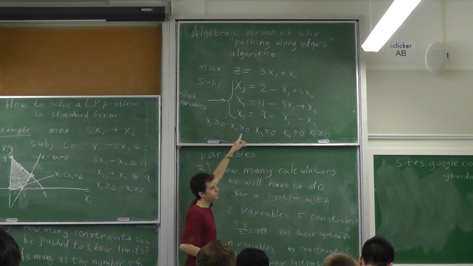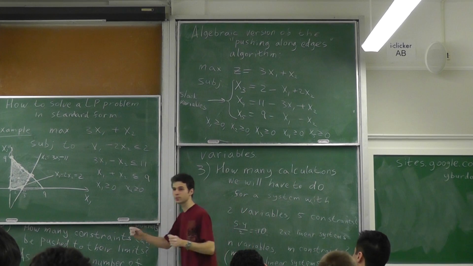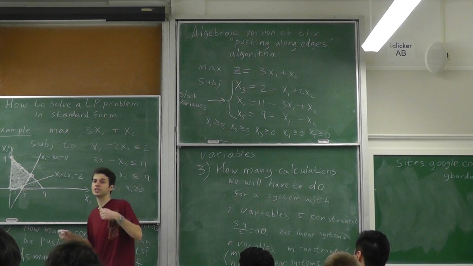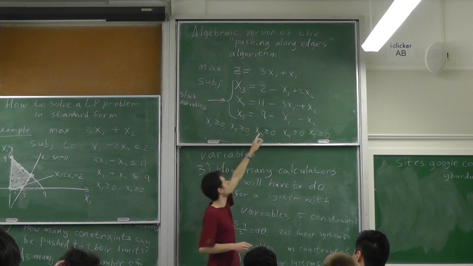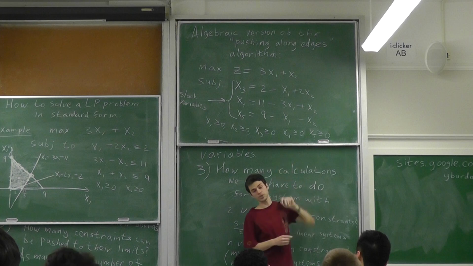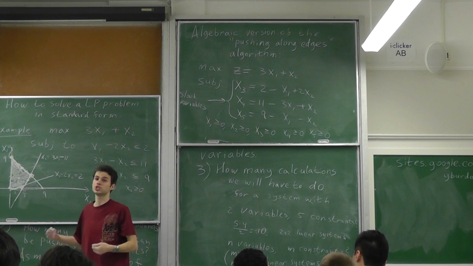Yes, it looks like the coefficient of x1 is 3. So for every unit of increase in x1, I'll increase the objective function by 3. If I make the alternative choice and I keep x1 at 0 and increase x2, well, for every unit of increase in x2, I'll increase the objective function by just 1.